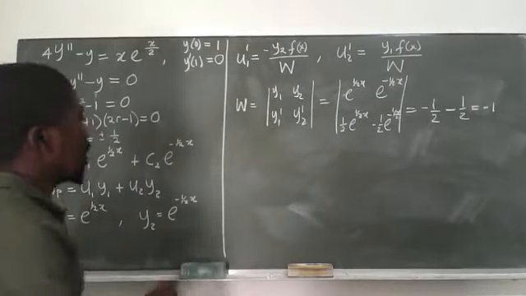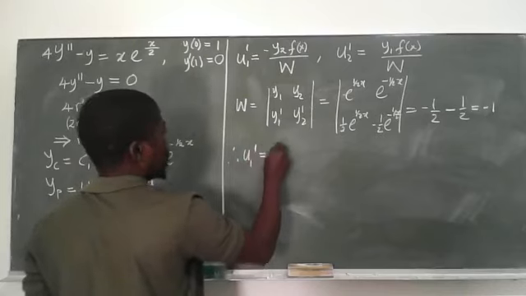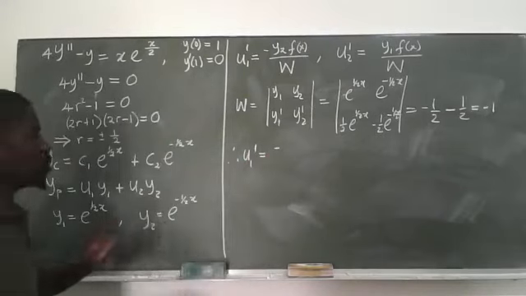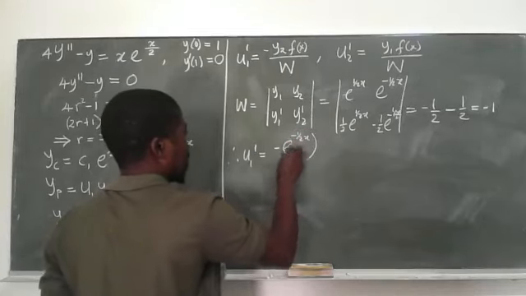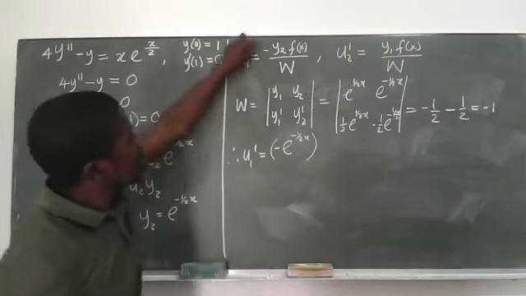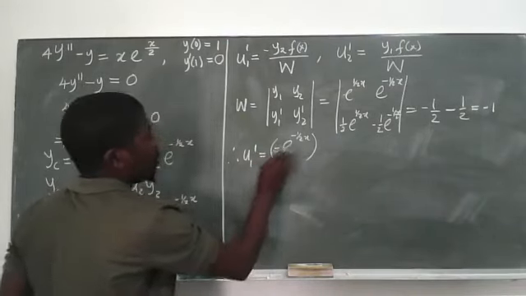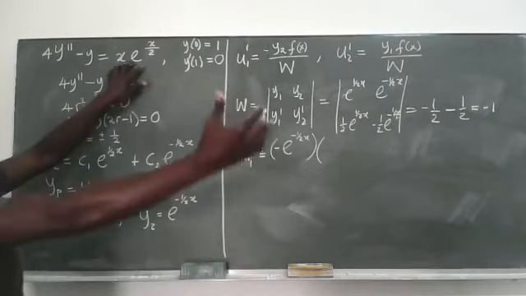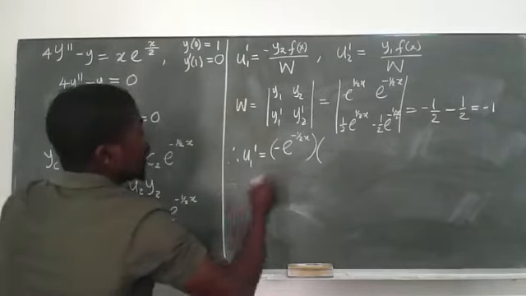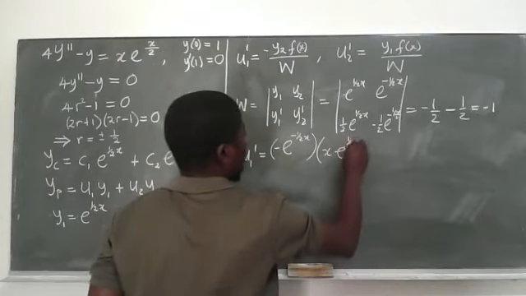Now therefore, U1 prime is equal to minus Y2, which is e to the power negative half x. I'm substituting this formula: minus Y2 times f of x. F of x is the function on the right hand side of our ODE, which is x e to the power of half of x.